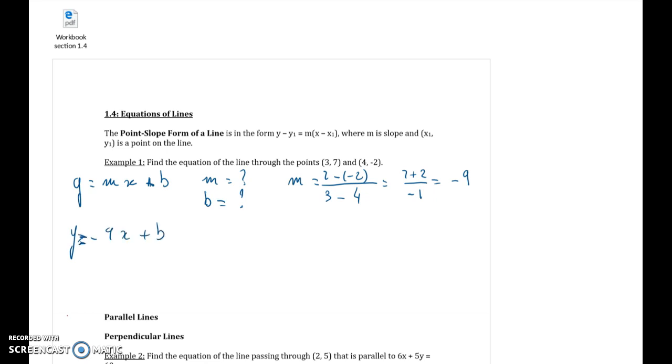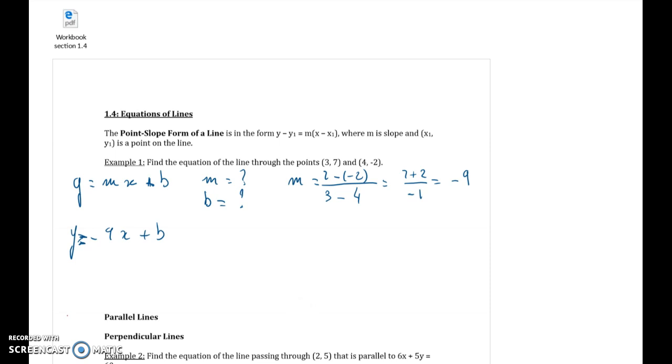Okay? How to find b? Well, to find b, you are going to use the coordinates of one of these 2 points, 3, 7 or 4, negative 2. Each of them will give you exactly the same value of b. Why can I use these 2 points? Because they are on the line, so they check the equation y equals negative 9x plus b.